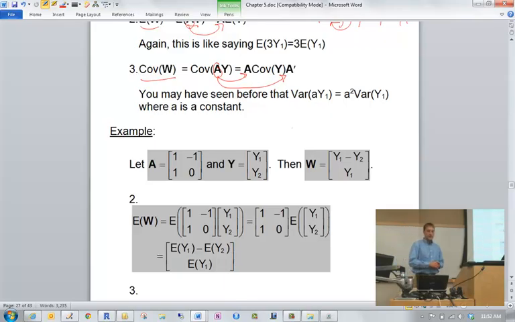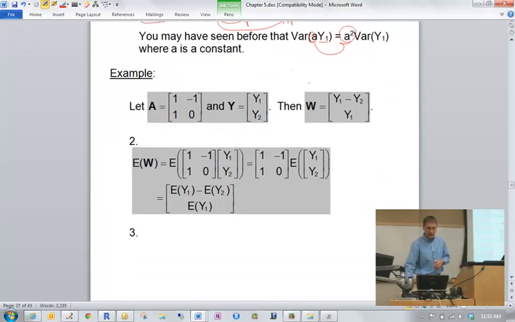To relate this to something that some of you have had before, remember if you have a random variable Y1 and a constant A, and you want to take the variance of A times Y1, this A is factored out and squared. In terms of matrices, that's kind of the equivalent. You have an A and you have an A prime.